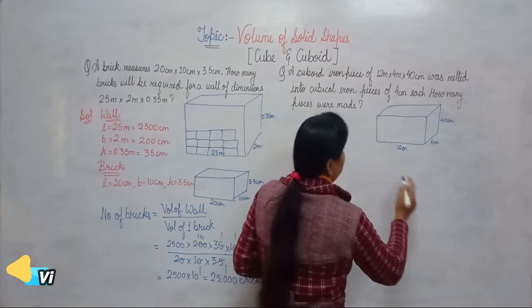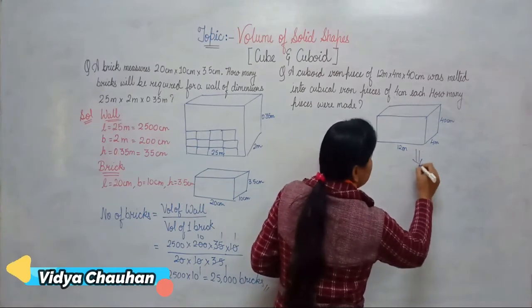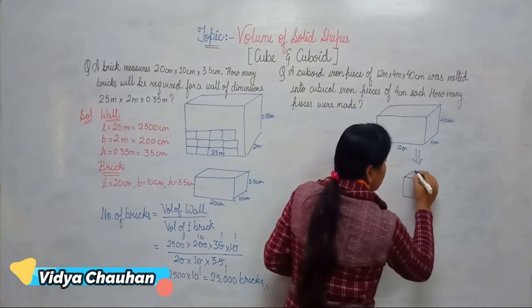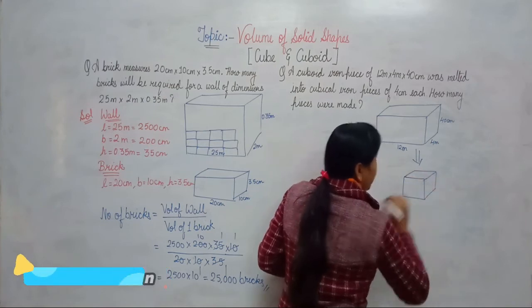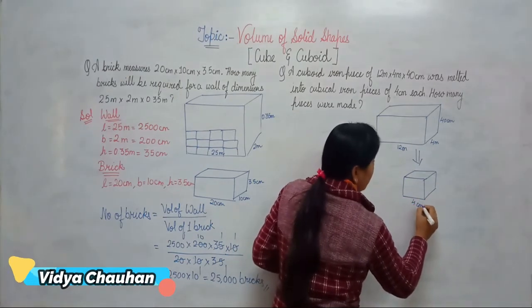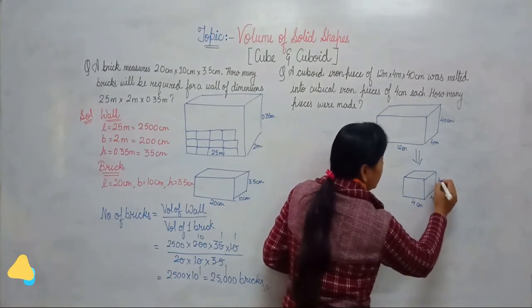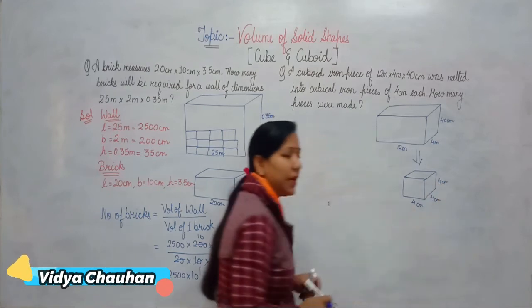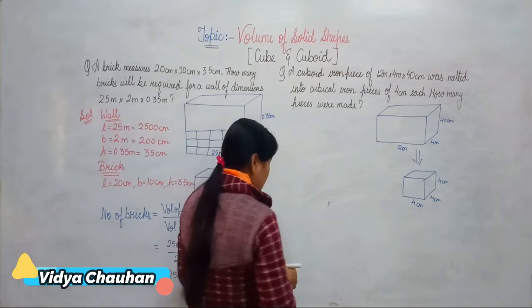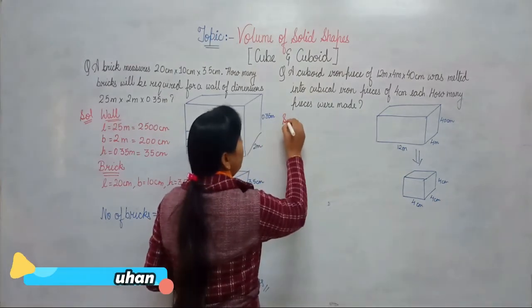Coming to the second part, after melting this cuboid, we have made some cubical pieces of dimension 4 centimeter each. That means length, breadth and height are all 4 centimeter. So we have to calculate how many pieces we will get.